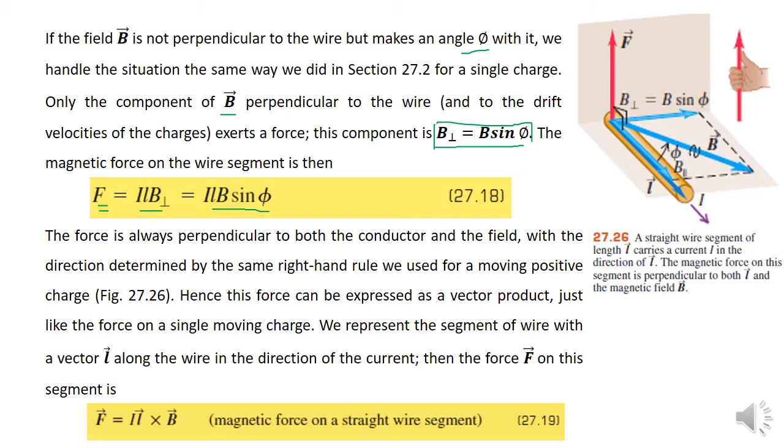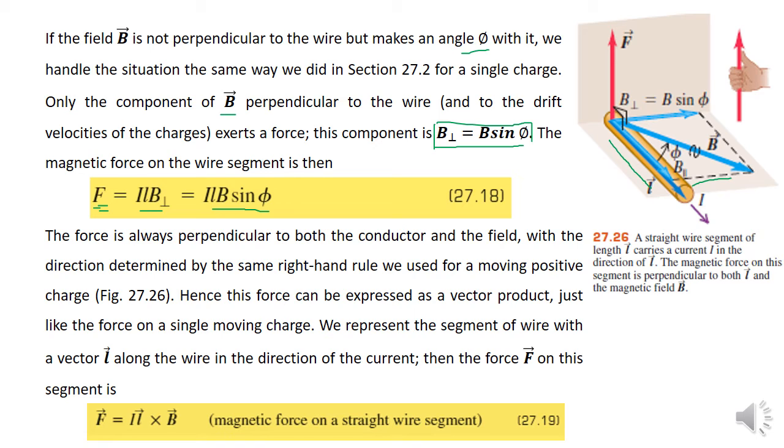We can calculate the direction of this force by the right hand rule, as shown in this figure. If we stretch our fingers in the direction of the current and then curl them towards the magnetic field, then the outward extended thumb of our right hand will give the direction of the force.